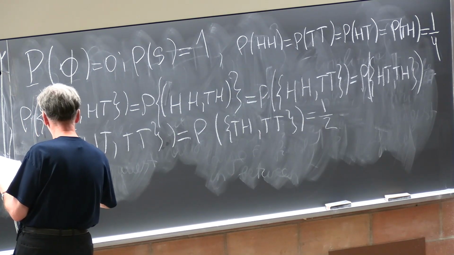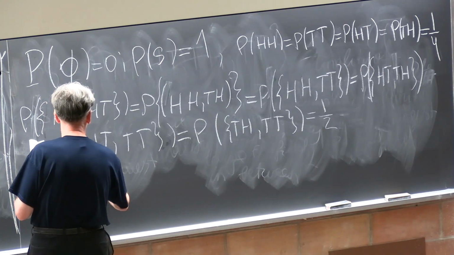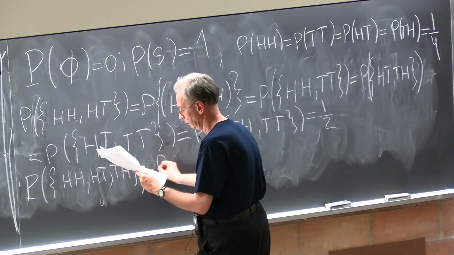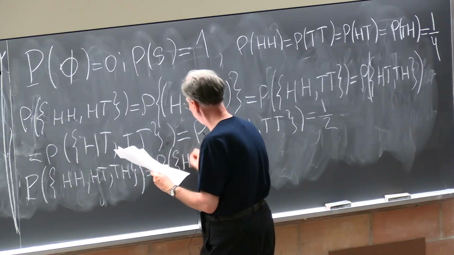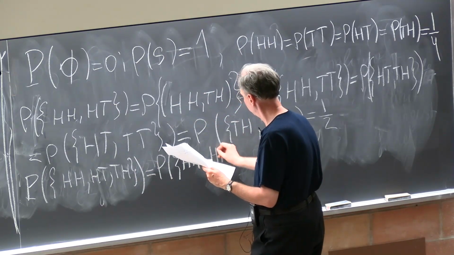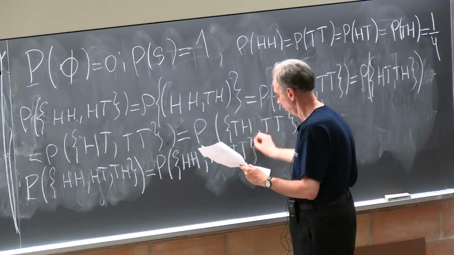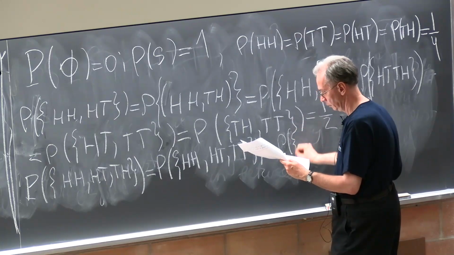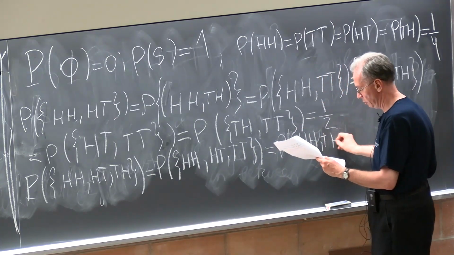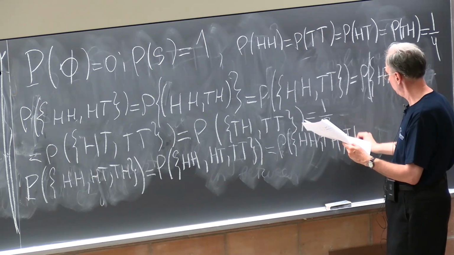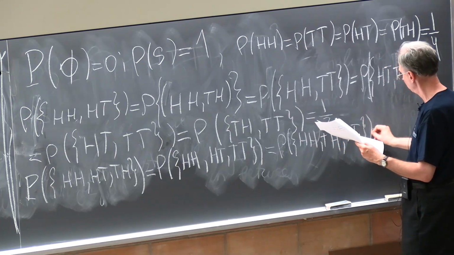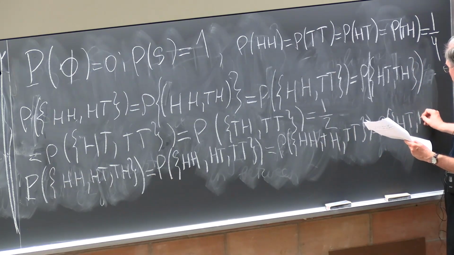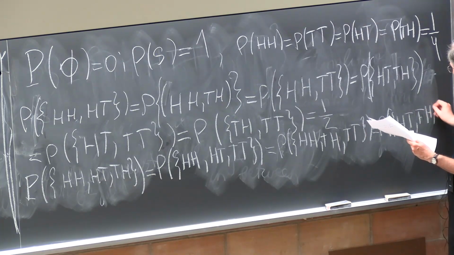So it will be HH, HT, TH; HH, HT, TT; HH, TH, TT; HT, TH, TT.